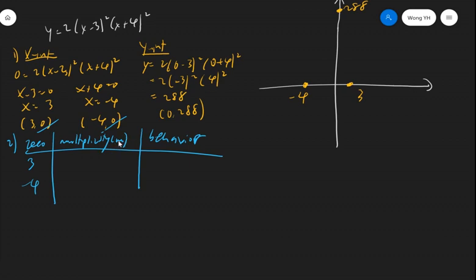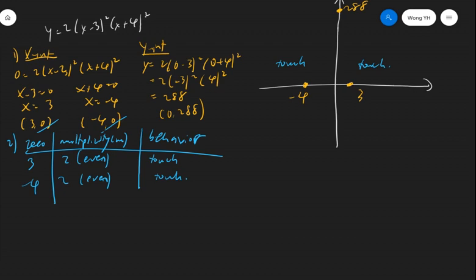The m here refers to the bracket where you get a zero. So the first zero is 3, we get it from this bracket. Outside exponent is 2, so we put 2 there. The second zero, which is minus 4, we get it from this bracket. Outside exponent is 2, so we put down 2 there. And this 2 happens to be an even number, so we know that the behavior will be touch. So just put a remark there. Here will be touching, so here will be touching.